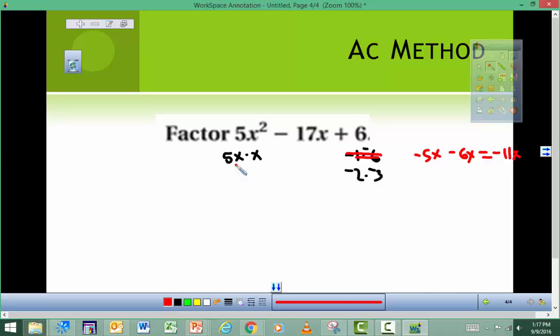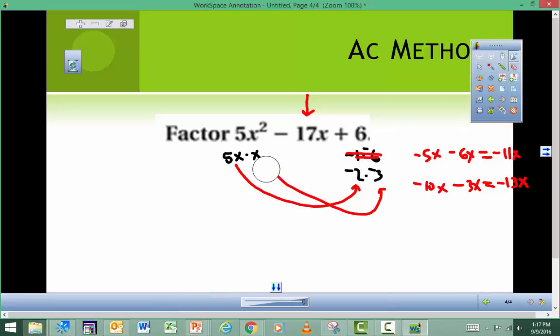So now let's see, what if we try the 5 with the negative 2? Well, that would give us negative 10x. And let's try this x with this one right here and pair it up with the negative. That would give us negative 3x. And that's getting closer. So that's 13x. We want to get 17, right?